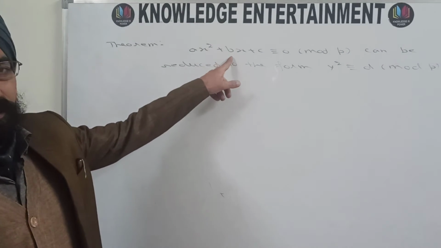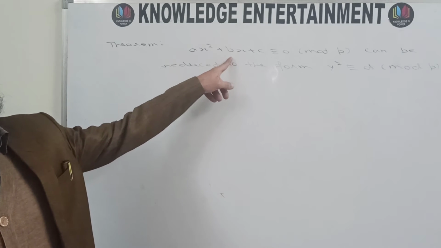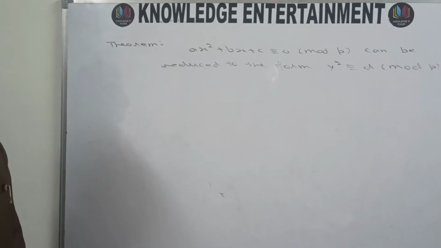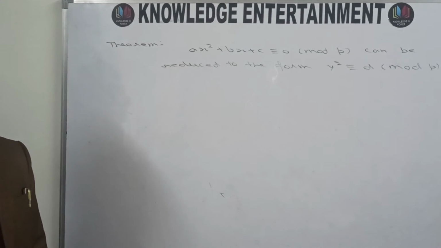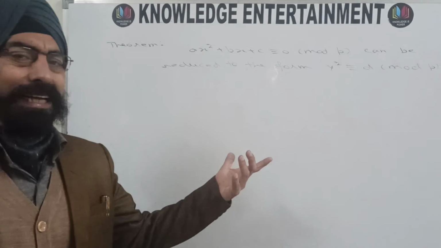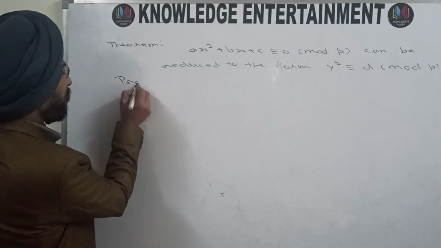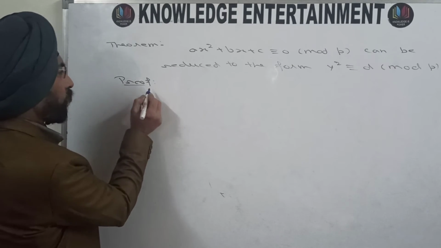This equation ax square plus bx plus c is congruent to 0 modulo p can be reduced to the form y square is congruent to d modulo p. That is our aim now. And once again it is very easy. So let us see how to arrive at the conclusion.